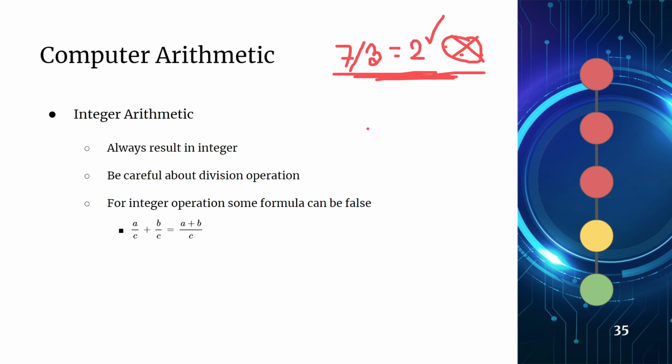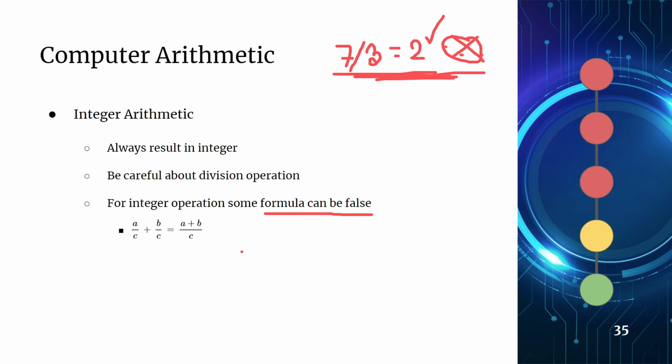In such cases, sometimes formulas can be false. For example, a/c + b/c = (a+b)/c. It is actually a formula. You can say that we take the c common and a and b are added, but that is not the case.